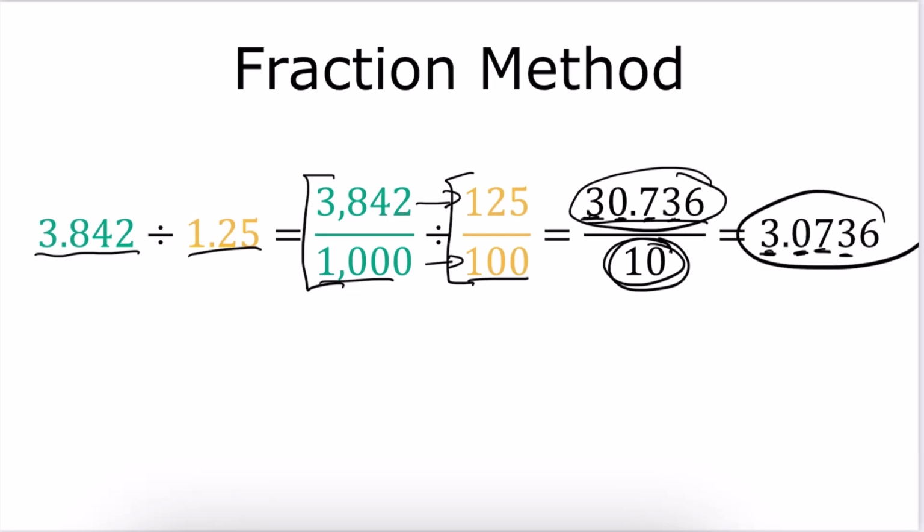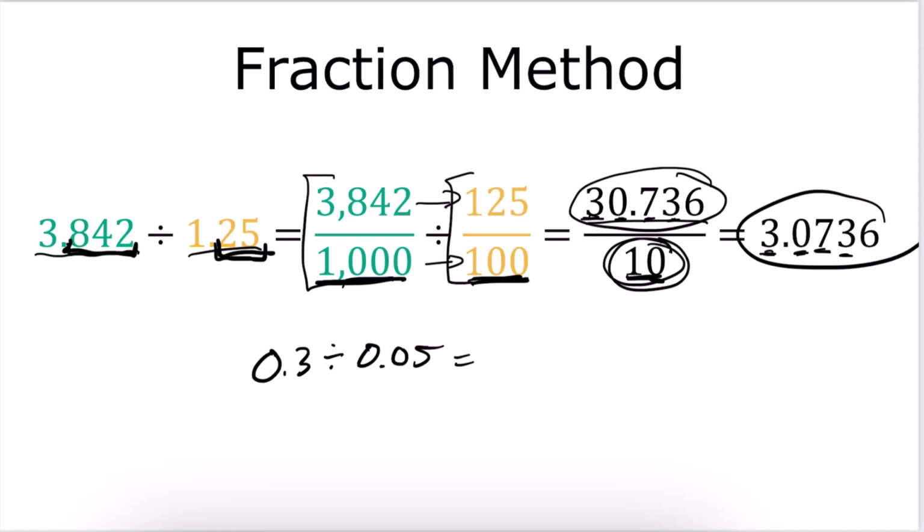And this process of dividing straight across works really nicely when you have more decimal places divided by fewer decimal places, because that makes it so you can do 1,000 divided by 100, which gave us this 10. But you can also do it even if that's not the case. Like, for example, if you had 3/10 divided by 5 hundredths, like this.